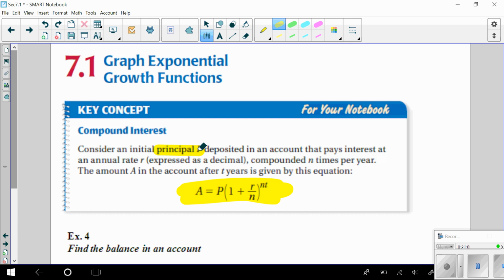And it's going to pay an annual interest rate, and again, you're going to express that as a decimal. And it's compounded N times per year. And the amount A is the amount of money you have after T years.